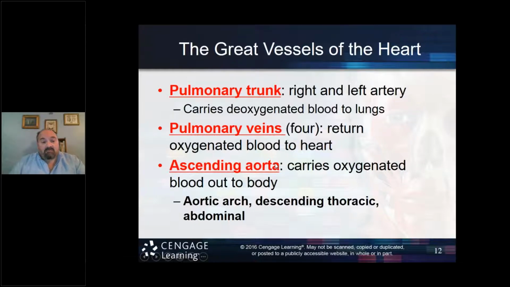The ascending aorta, and again, this is what's going to be leaving from the left ventricle to the systemic circulation, carrying this oxygenated blood to the body, right? So we have that ascending aorta, aortic arch, descending, AKA thoracic aorta, and also the abdominal aorta, okay?